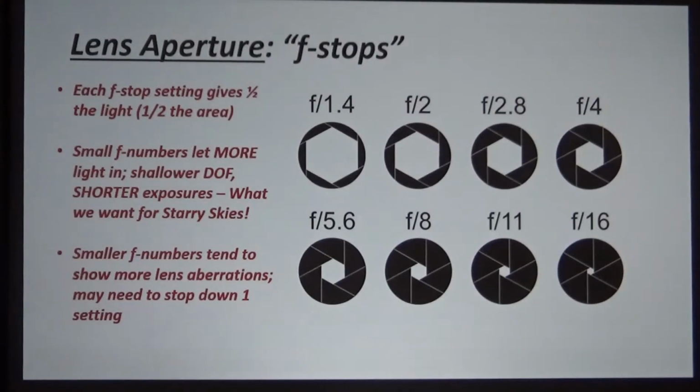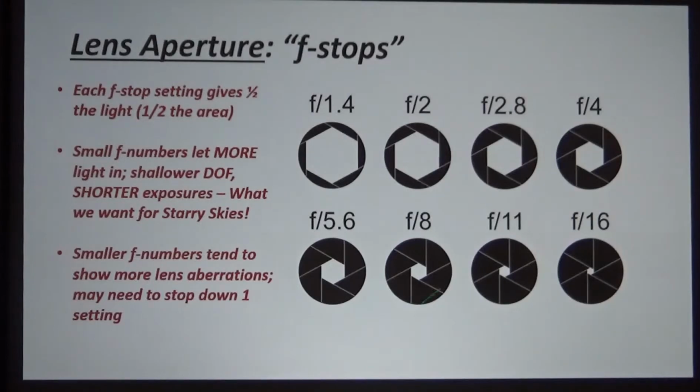So in other words, the capture area, or the amount of area that's allowing the light to come through between 1.4 to 2 or 2 to 2.8 is exactly half the light, which would mean all things being equal, I would have to double the length of time that the shutter's open to get the same type of exposure. Now, there are partial stops as well, like 1.8 was one in this case, 2.2, 2.5, 3.2. A lot of lenses will have that capability, but I just wanted to point out that for these full stops, you're getting exactly half the light coming through in each one of these.